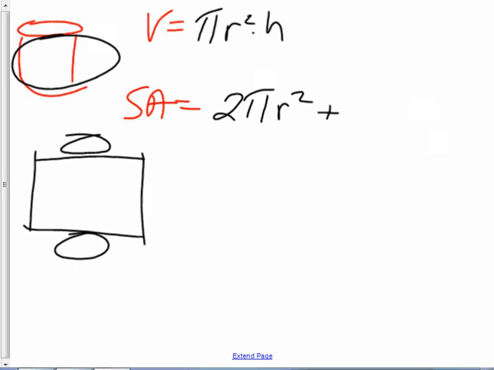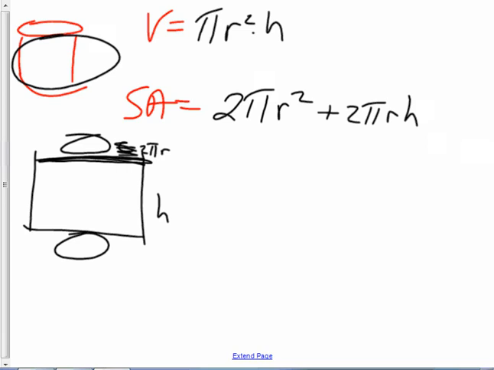Yeah, but we know them in terms of r and h. 2 pi r squared plus, it is the circumference times the height, but the circumference we know in terms of 2 pi r. So this one's circumference is 2 pi r, and the height, so 2 pi r h. 2 pi r squared plus 2 pi r h. All right, good. We've got our two formulas.